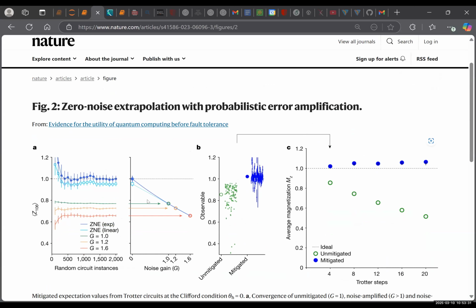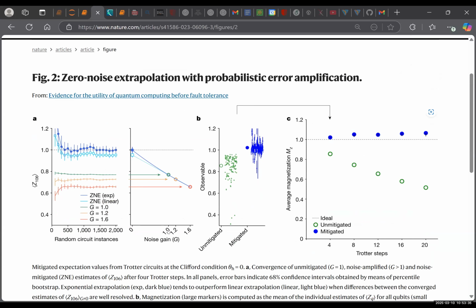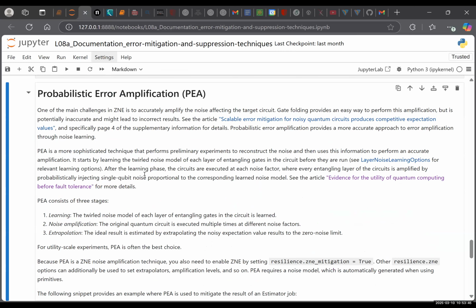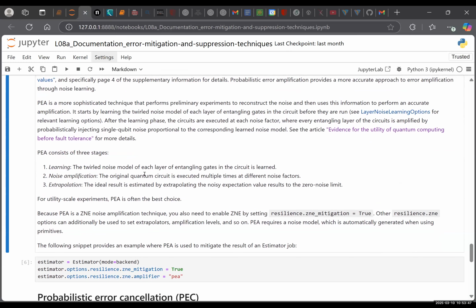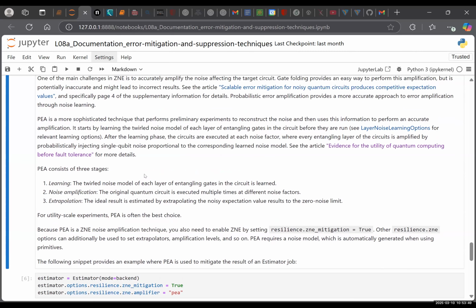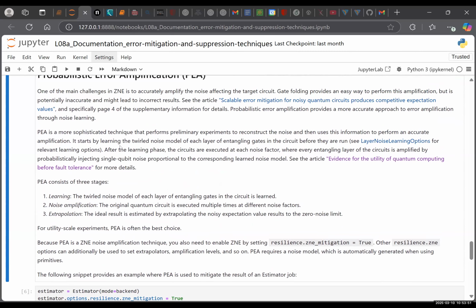Depending on how you extrapolate, you might get different results. If the result is more or less independent of how you extrapolate, then you can trust the result. So mostly today we discussed the description, but next time we can show the code in more detail.